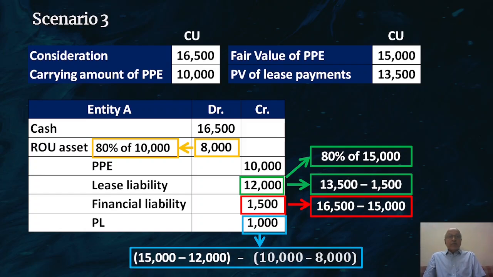Our surplus is 15,000 rupees fair value of the PPE less lease liability 12,000, that is 3,000 rupees, and the cost of the asset, I mean the proportion of the carrying amount transferred, is 2,000. 10,000 total PPE previous carrying amount, 8,000 right of use retained, and 2,000 is rights transferred. Difference is 1,000 rupees, both sides tally.